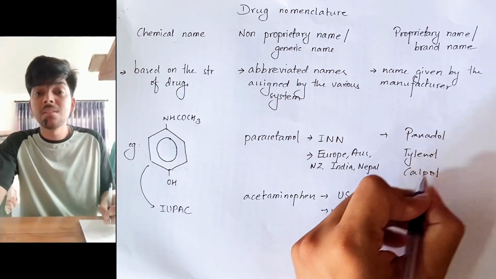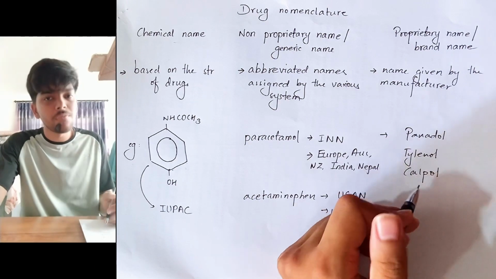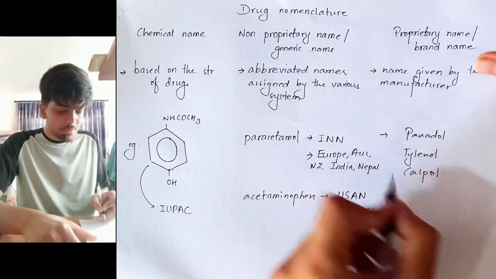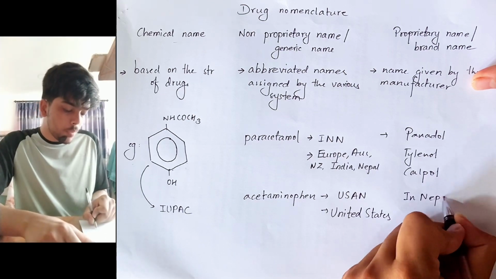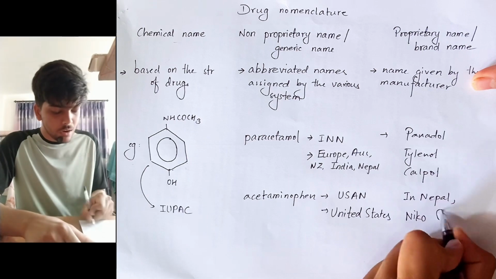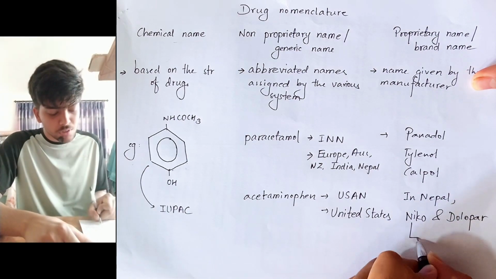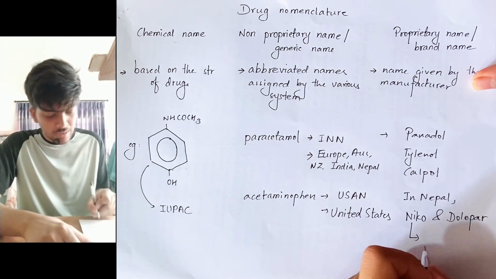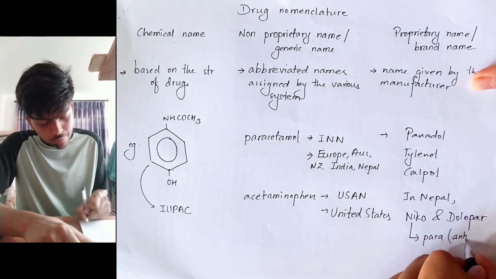Why different names? Because these are drugs prepared by different companies or different manufacturers. Similarly, in Nepal, people popularly use Nico and Dolopar. However, Nico and Dolopar are not exclusively paracetamols. They contain paracetamol, which is an antipyretic.